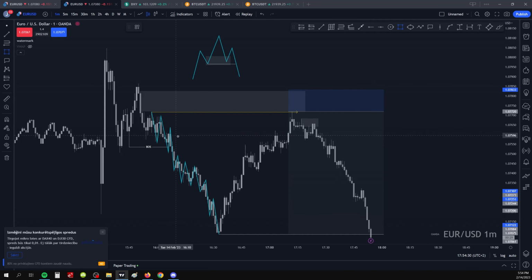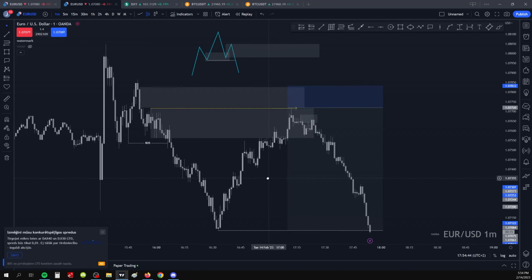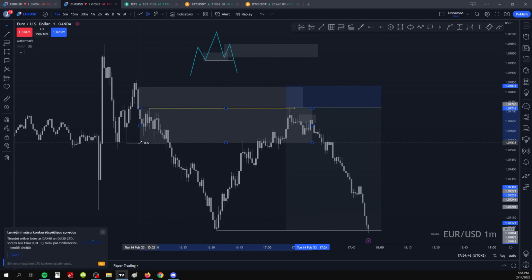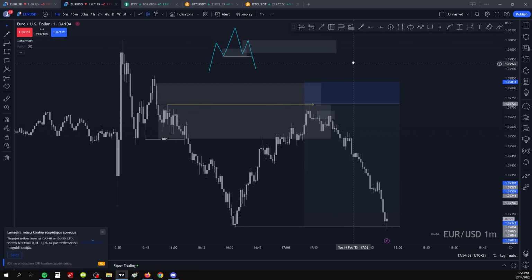Some people would enter here. In this case, they would probably enter here. Somewhere here. That's why the move was so fast. And they only took it by a pip, because that's all they needed.